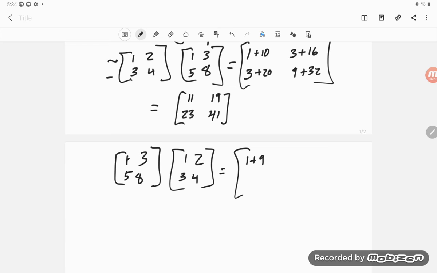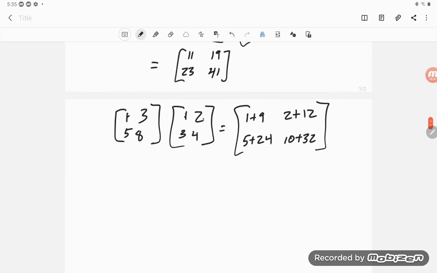So then 1 times 2 is 2, and 3 times 4 is 12, so we get 2 plus 12. 5 times 1 is 5, 8 times 3 is 24, so 5 plus 24. And 5 times 2 is 10, plus 8 times 4 is 32, so 10 plus 32 for our dot products as we go. And so we get 10, 14, 29, and 42.